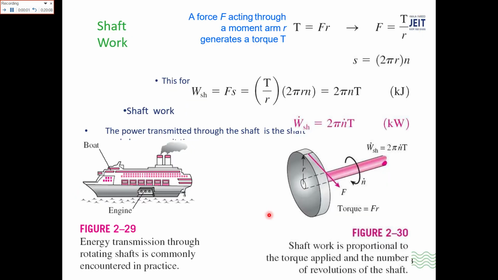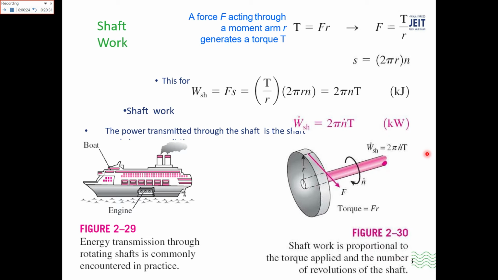Now the shaft work. For a shaft work, a force acts through a moment arm R and generates a torque. The formula for the torque is T is equal to F into R, where F is equal to torque divided by the radius of the shaft.